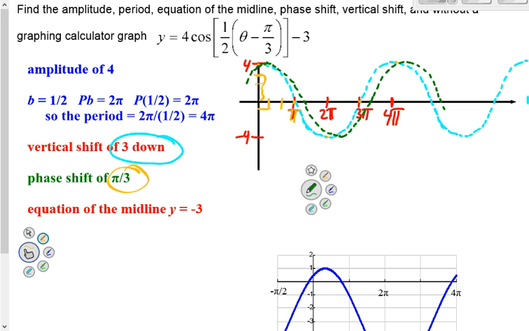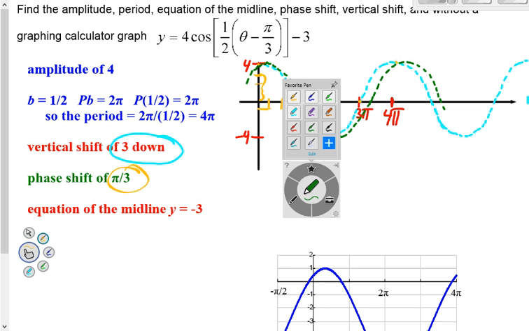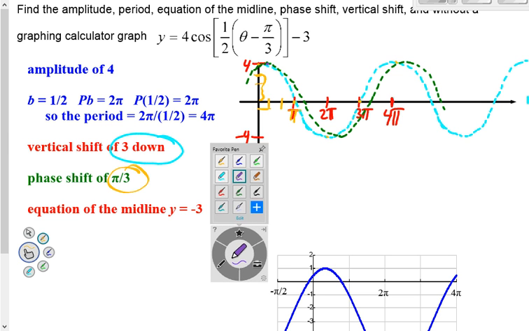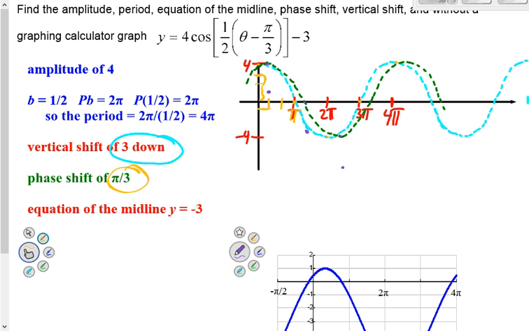So as I look here, I'm going to see if I can get a different color. We'll go with purple. So I need to take this key point and move it 3 units down. Take this key point, move it 3 units down. This key point, move it 3 units down. And continue on.